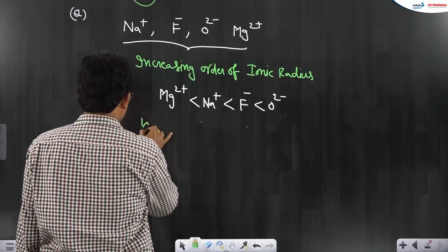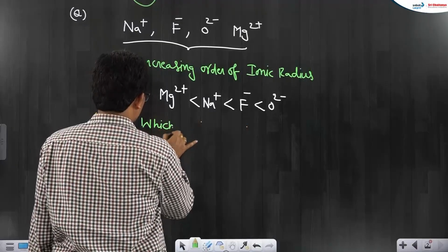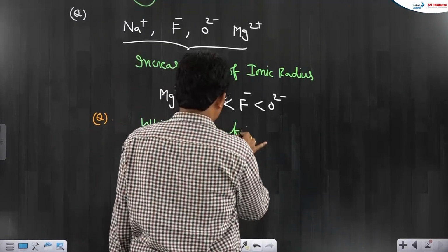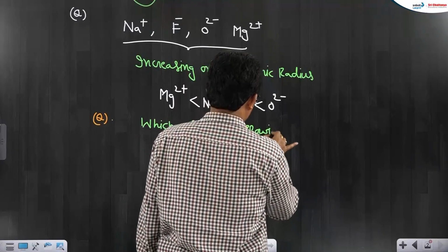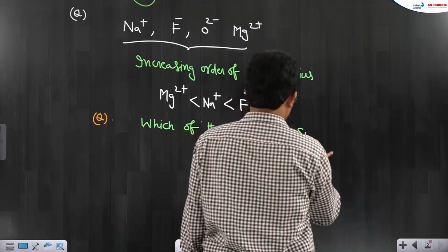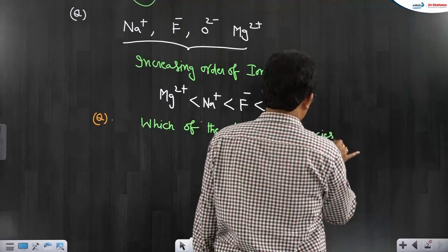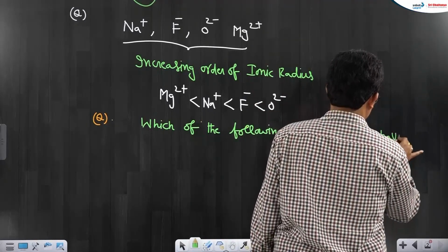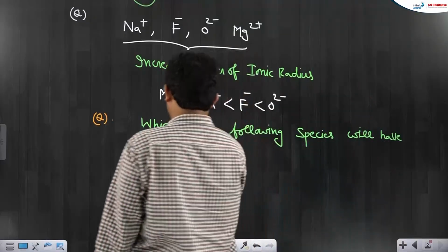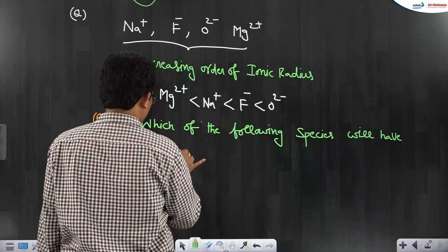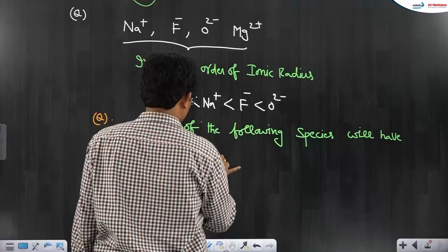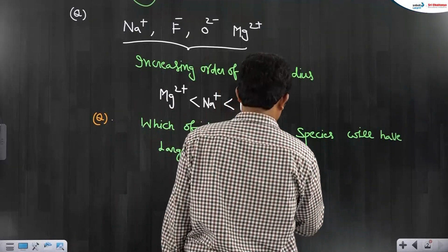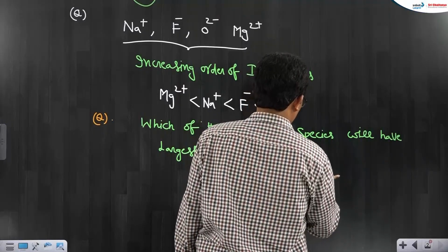Which of the following species will have the largest size and smallest size?